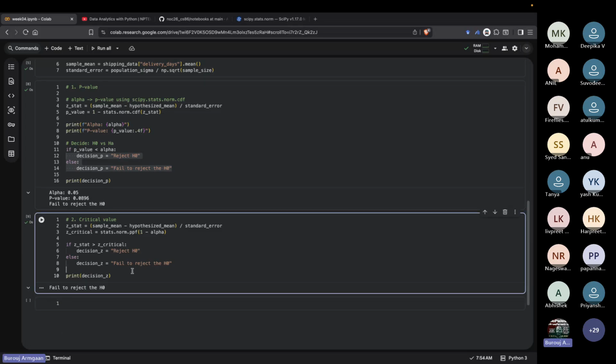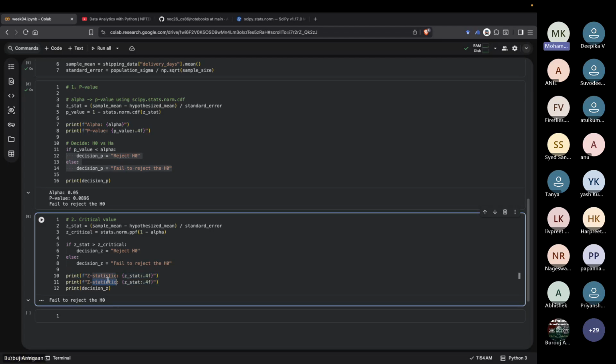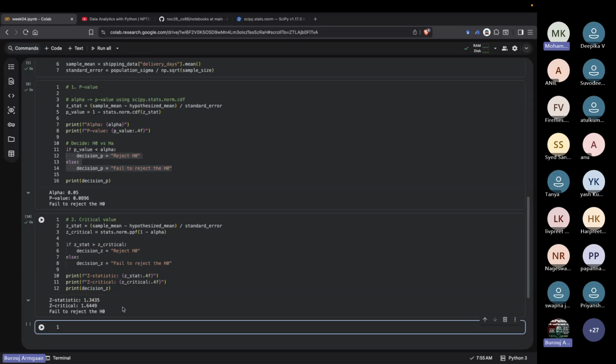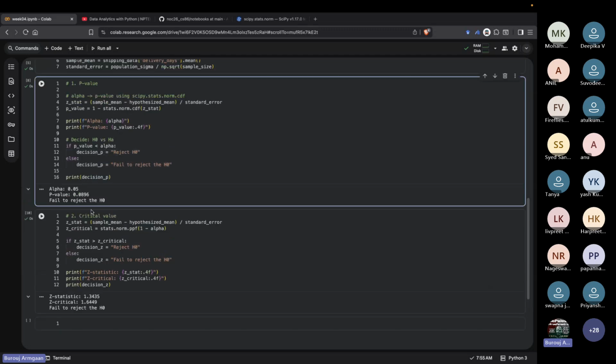Again, we fail to reject it, and we can also print these values for our own sake. We can say z statistic is this much, and our z critical is this much. You would notice that our z stat is on the left side of my z critical. Therefore, we fail to reject the null hypothesis. So in either case, we receive the same output.